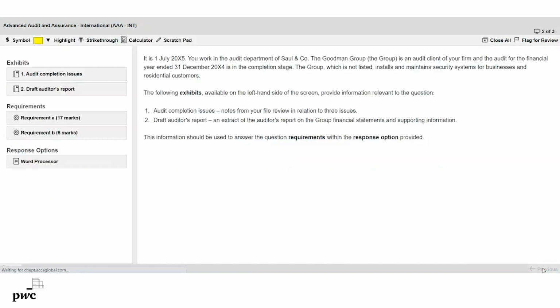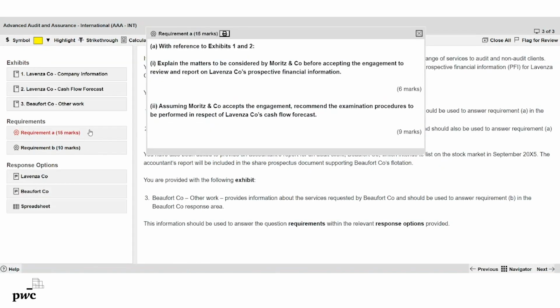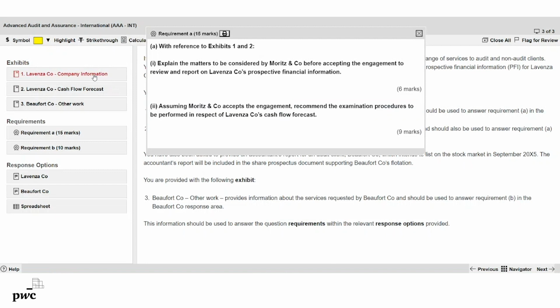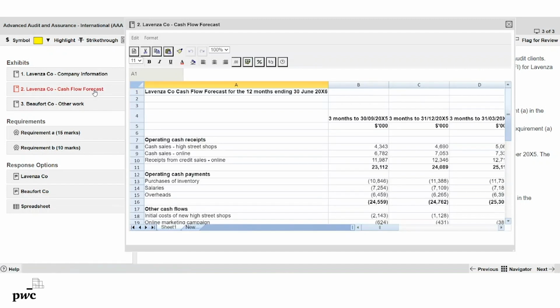I would like to start with question 3, requirement A2, which asks us to recommend the examination procedures to be performed in respect of Lavence's company's cash flow forecast. You can see in the exhibits that we are given company information, but also the cash flow forecast in a nice form of spreadsheet, which can be easily transferred and copied into the response option.